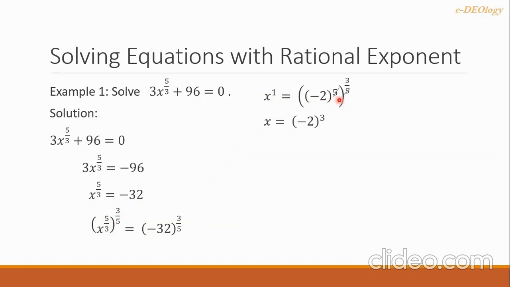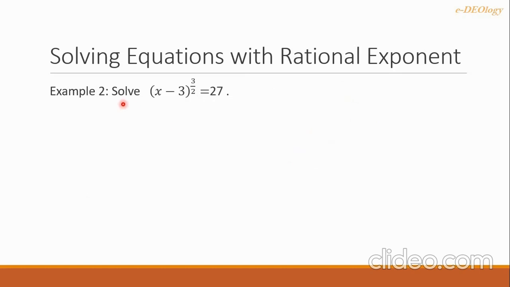And then, we can cancel that exponent 5 with the denominator 5 of the power outside. So only the numerator 3 will come down here on the next line. And for the x with that exponent 1, we will delete it now. Only x can come down. So x is equal to negative 2 cubed. Then we will simplify this negative 2 cubed into negative 8, and that is our final answer.